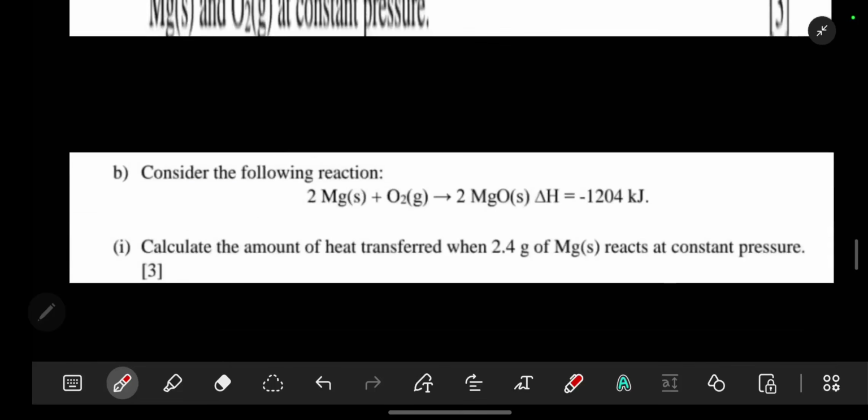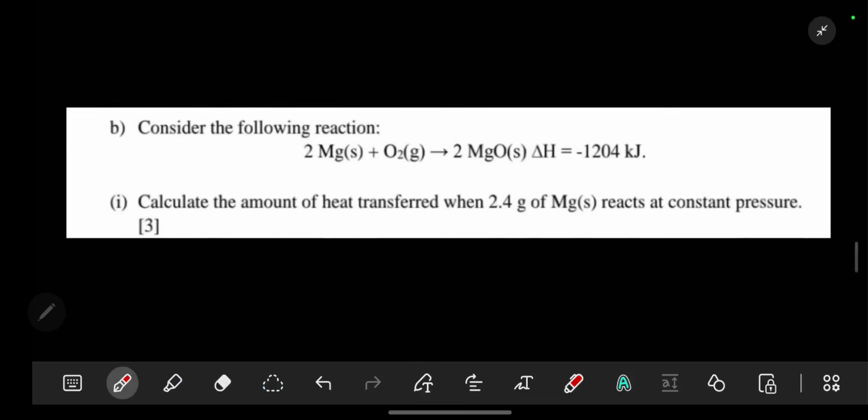We are talking about decomposing. That means we are moving from this to this, so the arrow is reversed.